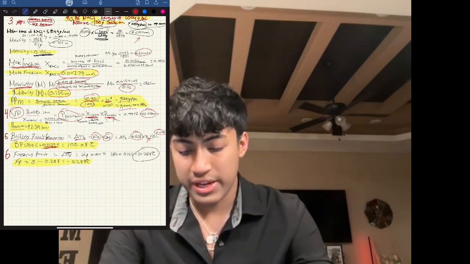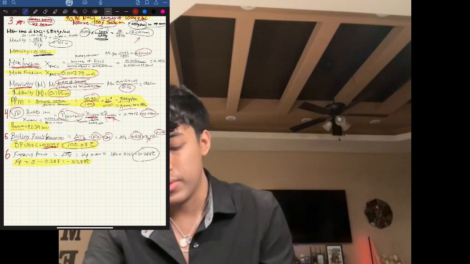So we would just multiply that, and we would get the delta TB. And then after that, we would use that to get the full boiling point.